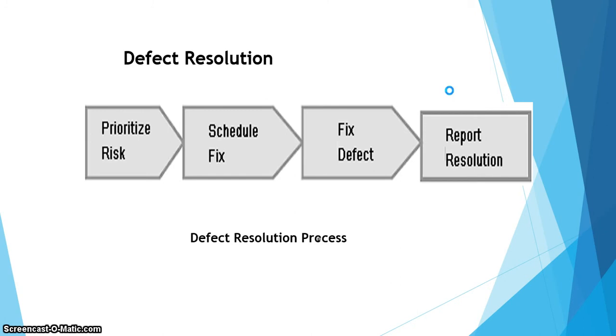You prioritize it, you schedule the fix, you fix the defect and you report the resolution, and thereafter the testing team gets a build with a set of defect fixes done, and the team also does something called regression testing in that cycle. So we discussed what regression testing was. You ensure that these defect fixes have not impacted the functionality of the other parts of the application and have not inadvertently introduced any new defects into the application, right? So this is the defect resolution process.